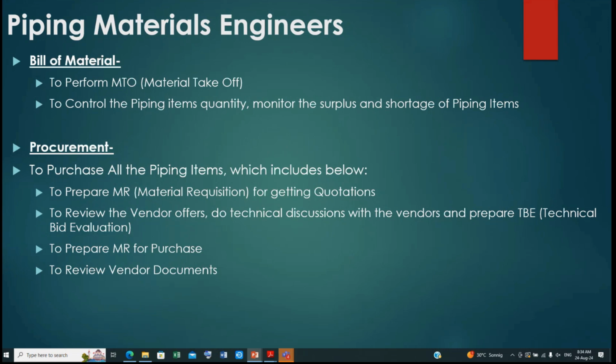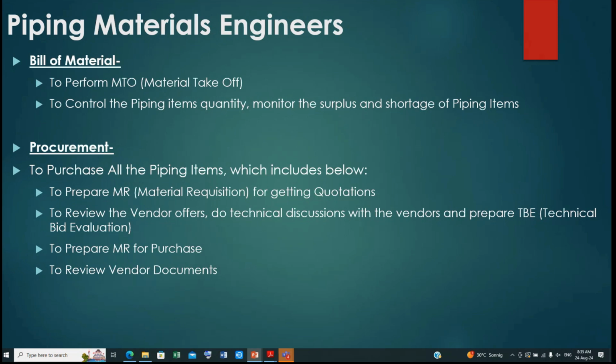Let us say the pipe manufacturer generally will not manufacture the valve, or the gasket manufacturer will not manufacture the pipes. Even in pipes, few vendors will only manufacture carbon steel pipe, few vendors only stainless steel pipe. So depending on the category also, I have to select the different vendors.